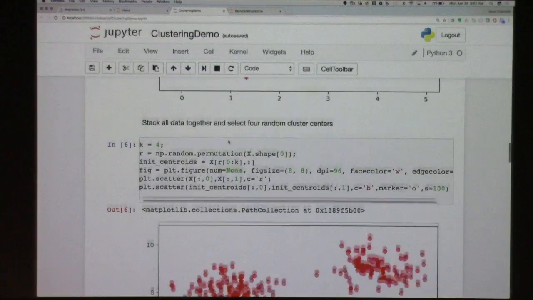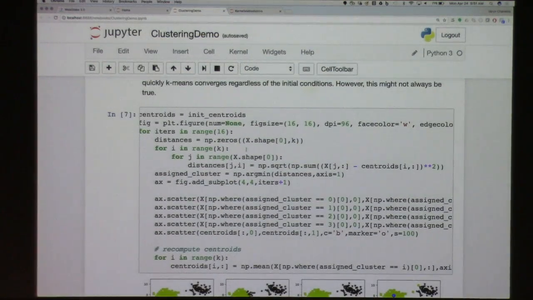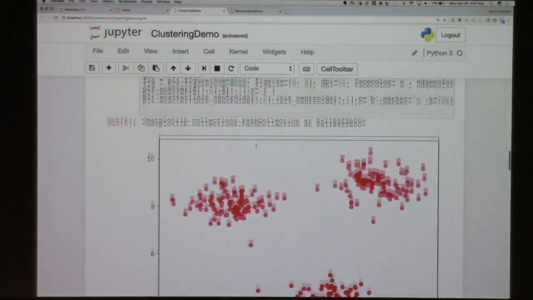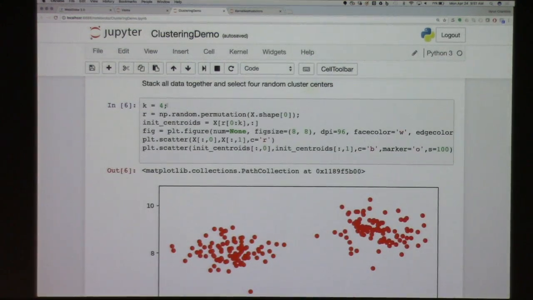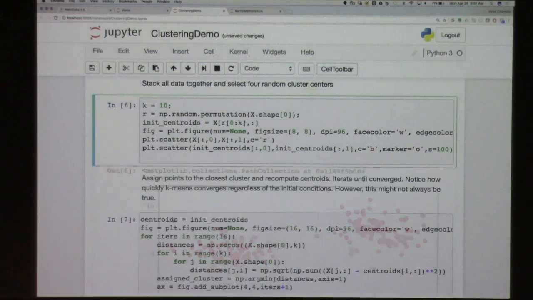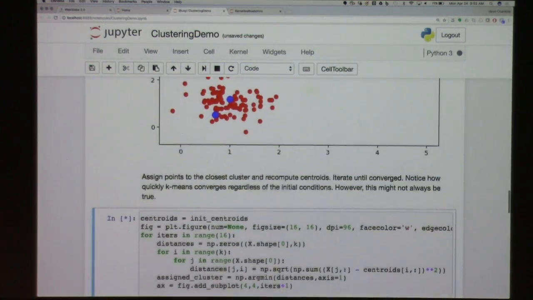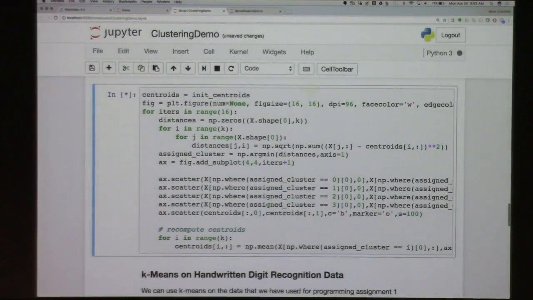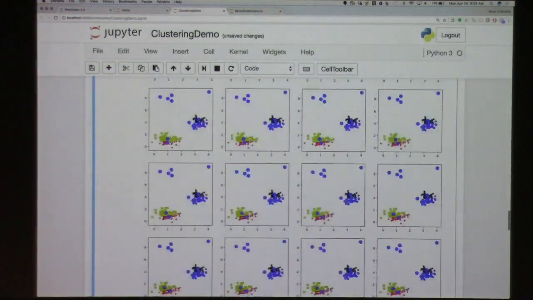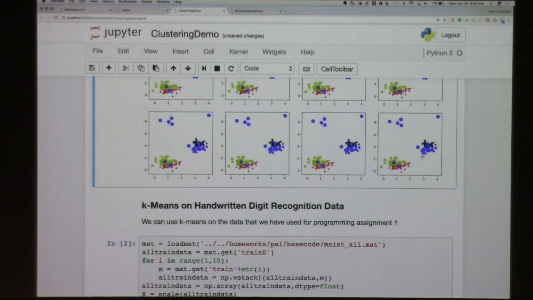So for example, here, instead of taking 4, if I said, give me 10 centroids, right? So it will do all of this business. And then what you get is just some mess, right?